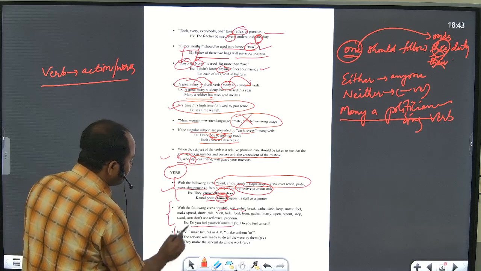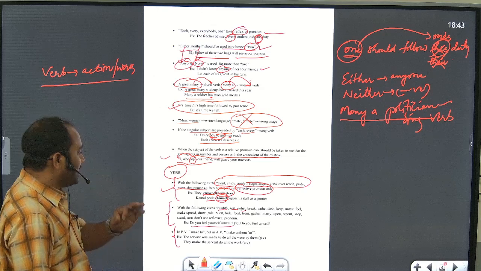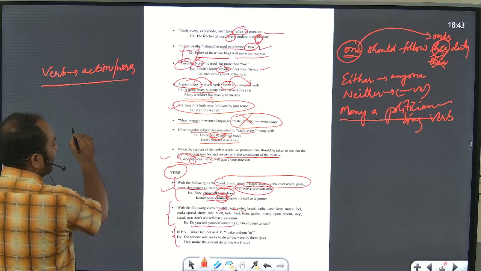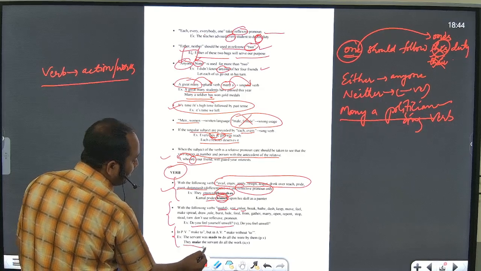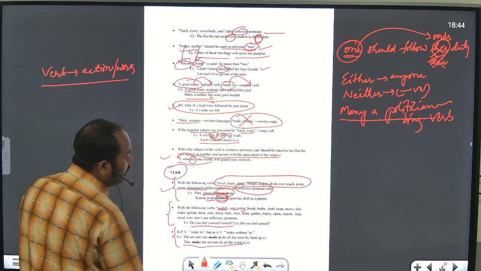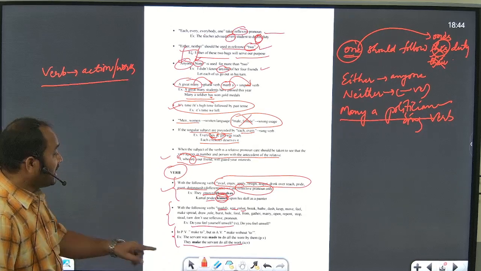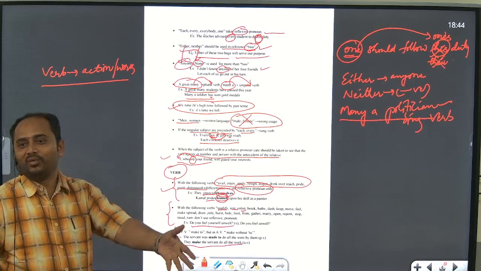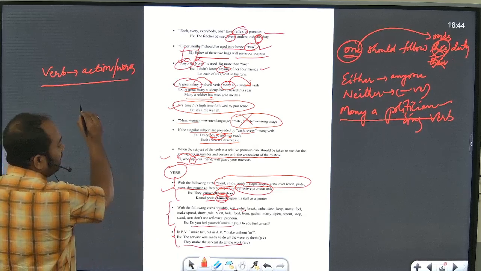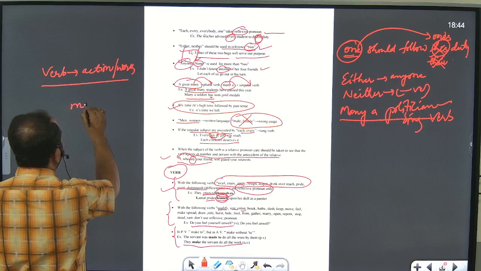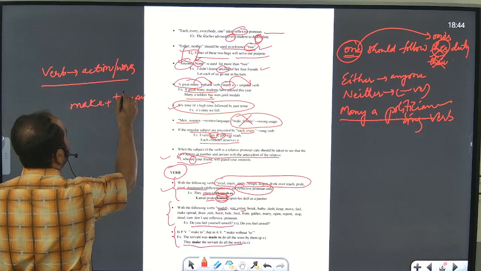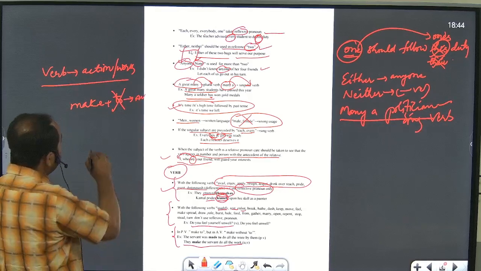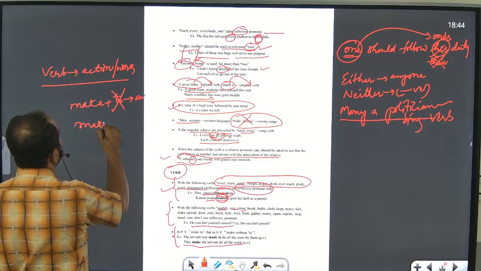Next, in active and passive, there is a rule that when you write an active sentence, "They make the servant do all the works." Don't use "They make the servant to do all the works," because in an active sentence we should not use make plus to. In an active sentence it should not be used, but in a passive sentence you can use to.